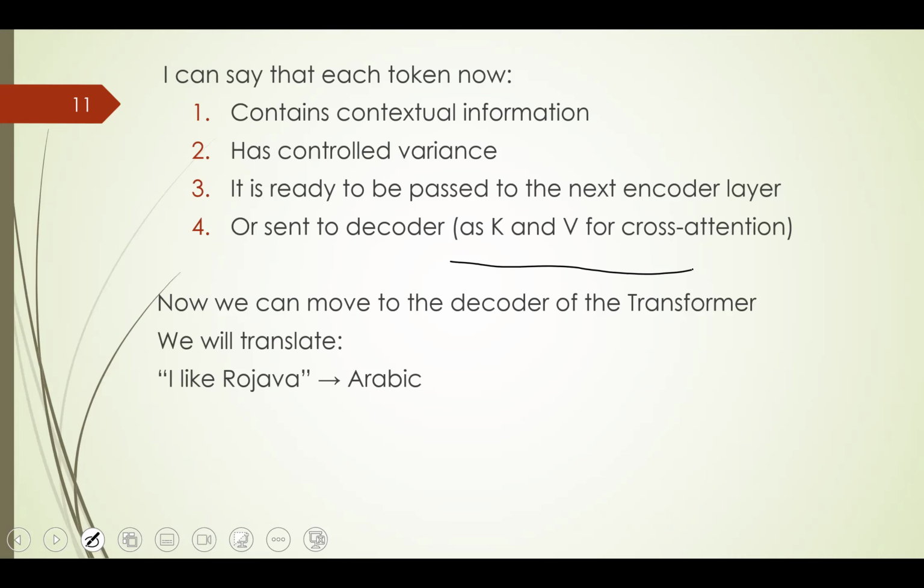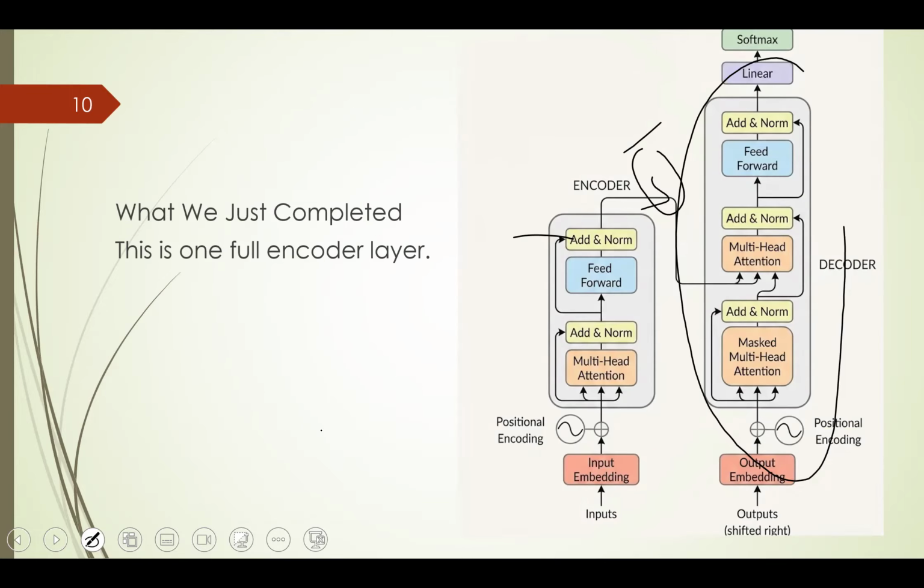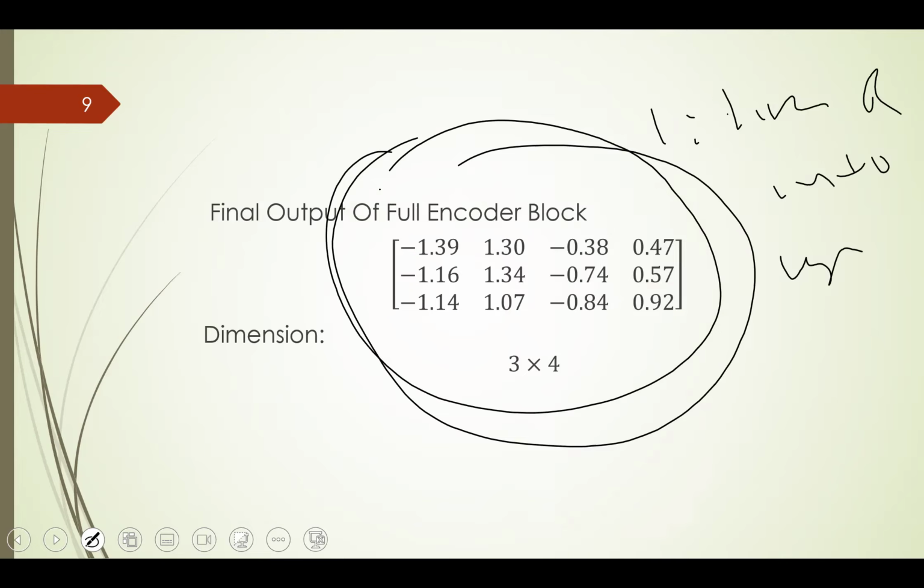We can move to the decoder in the next video. "I like Rojava" can be represented by this; that's the final output of the encoder.